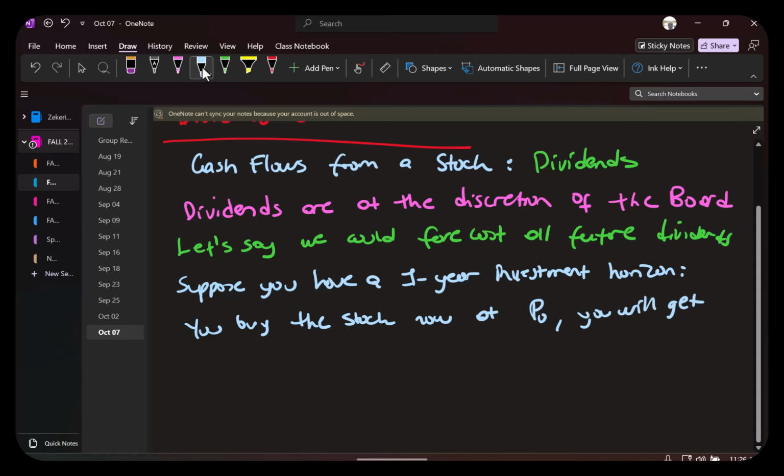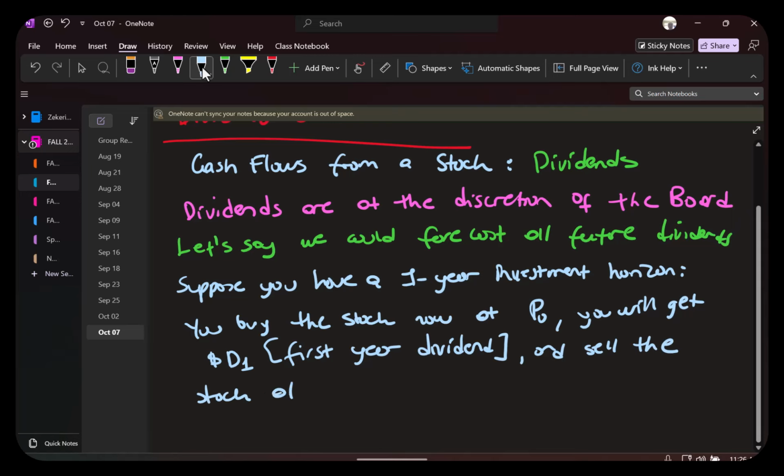You will get, I put a dollar sign in front of it just to designate that it is dollar D1, your first year dividends, and sell the stock at P1.